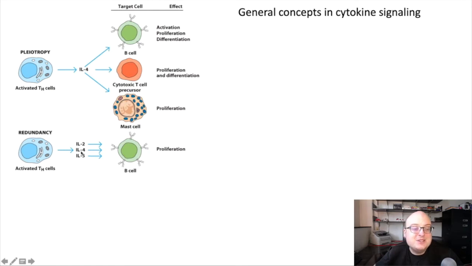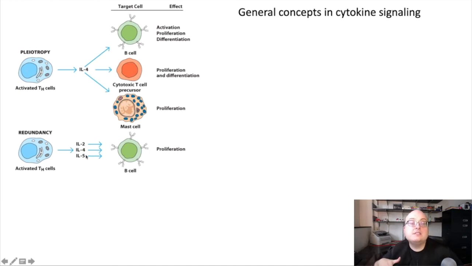So, IL-2, IL-4, and IL-5 are related cytokines, and all of them can induce proliferation, for example, in B cells. And so, there are lots of reasons why we've evolved significant redundancy in our cytokine signaling networks. One is that sometimes we have random mutations during development or during gestation or whatever, and we lose one or more cytokines.